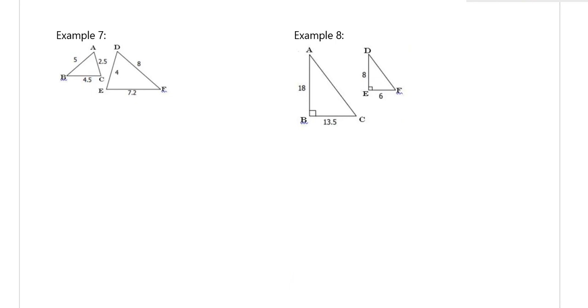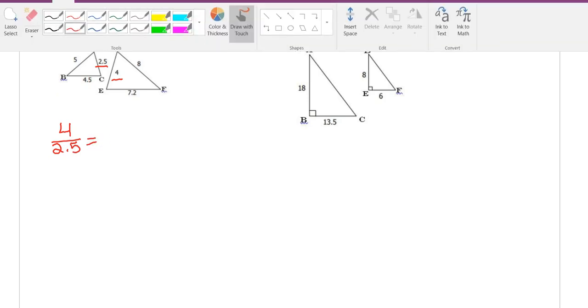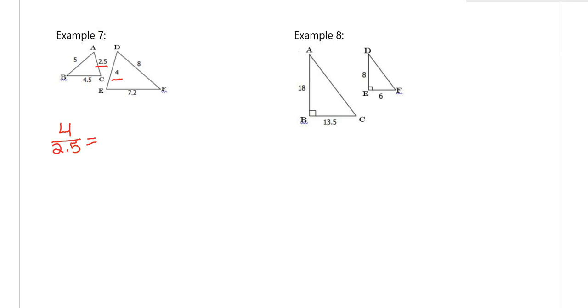Example 7. All right, I have all three sides for this one. So, smallest is 4, smallest is 2.5. 4 divided by 2.5 has to equal, middle, 7.2 divided by 4.5, which has to equal, largest.